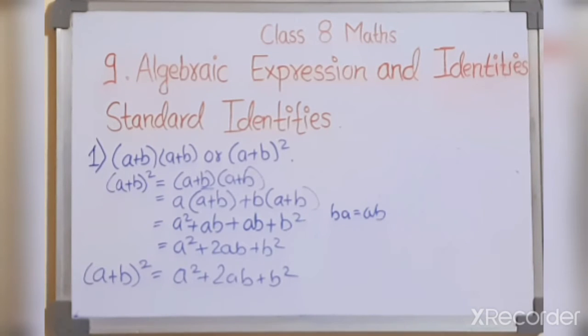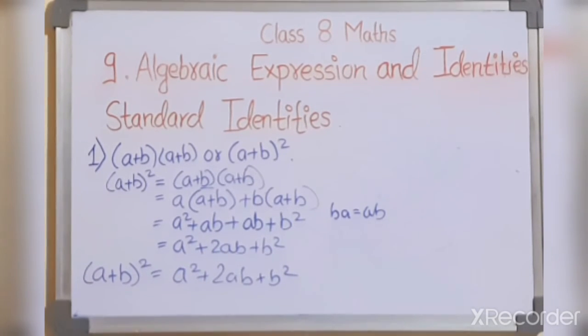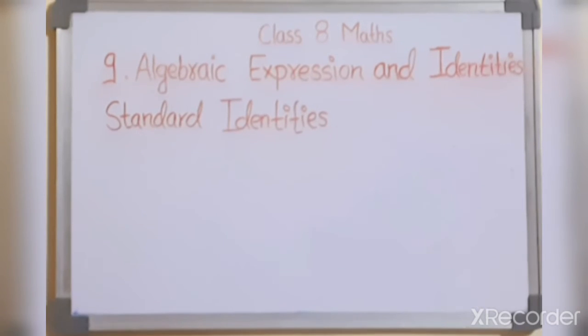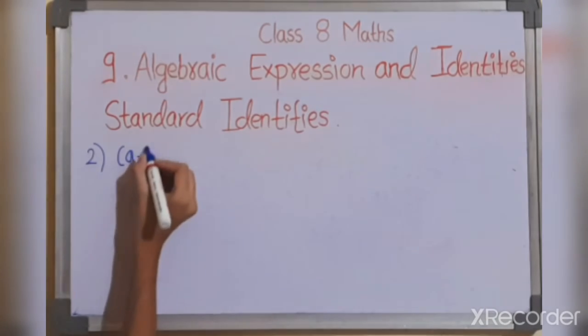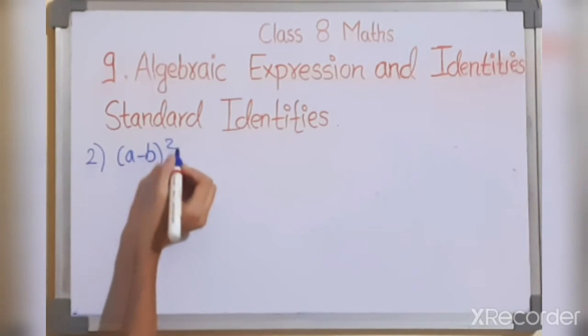Now let's look at the second identity. Next we consider the second one, that is (a − b)².